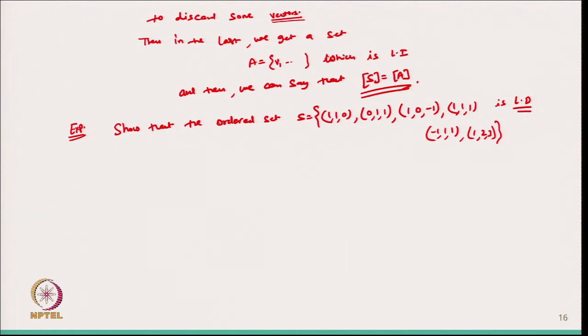One procedure is taking the linear combination, solving, and then showing whether it is LD or not. The other thing is that it is an ordered set. So we define a set S1 that contains the first element, and of course it is LI because it is only one element and that is a non-zero element. Then we define S2. So S2 I am taking (1, 1, 0) and (0, 1, 1), so I am adding one more element there, and then we want to check.